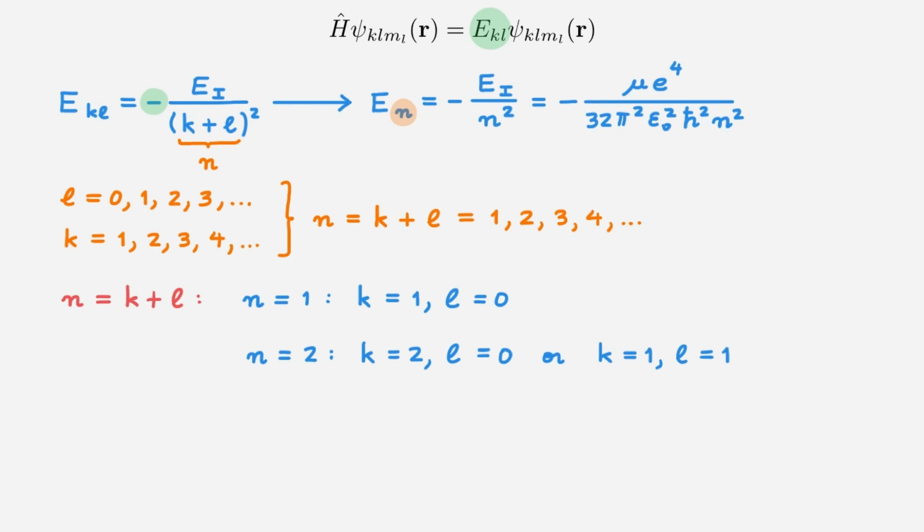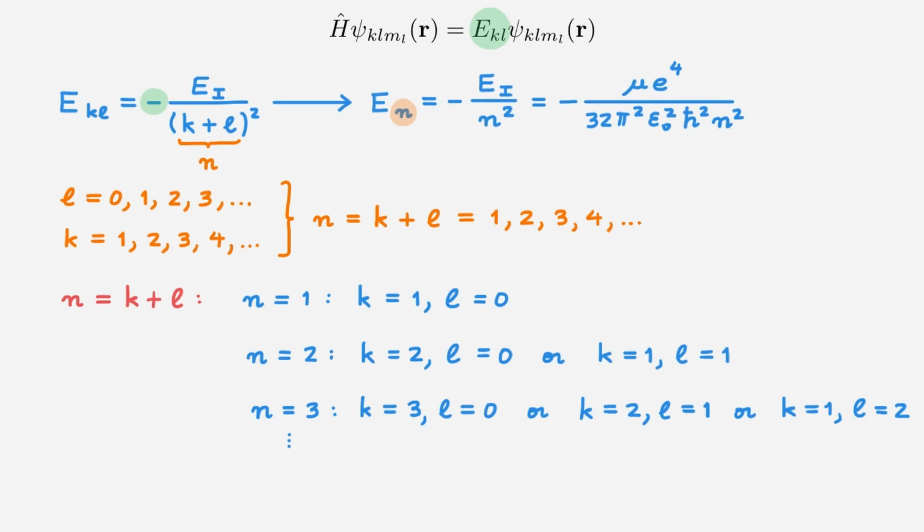And both options give the same n and therefore the same energy. For n equals 3, we now have three options, either k equals 3 and l equals 0, or k equals 2 and l equals 1, or k equals 1 and l equals 2. And we could, of course, continue in this fashion for any n.